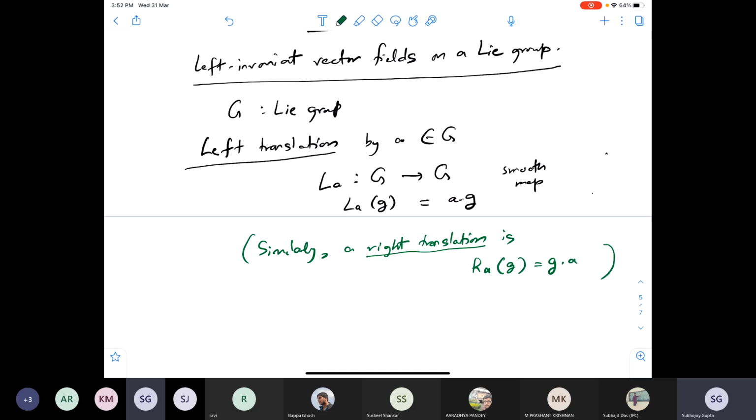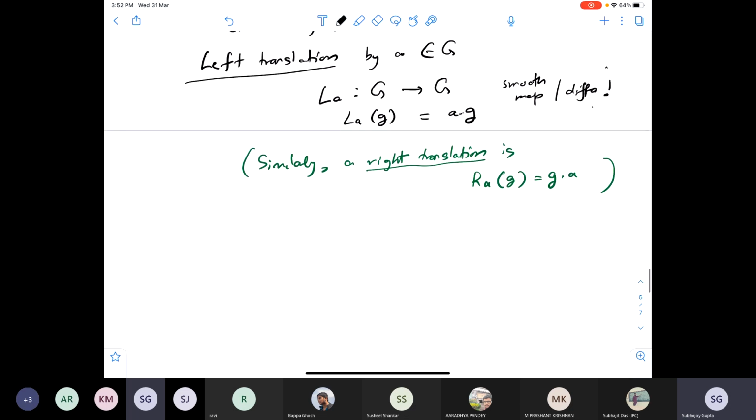This is a smooth map, and not just a smooth map. I forgot to say it's actually a diffeomorphism, because as I said, multiplication by A inverse would be the inverse map.